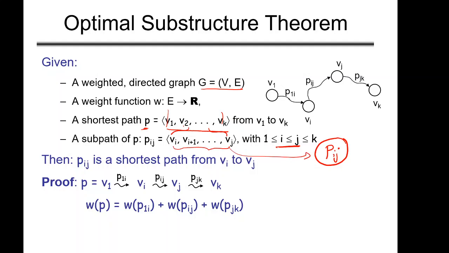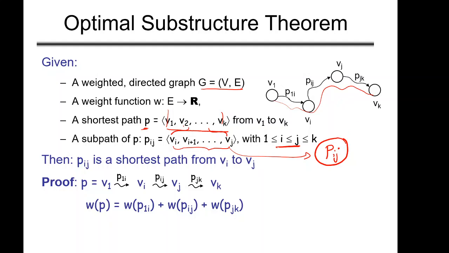What we are trying to say here is that this subpath of P from vertex Vi to Vj, which actually exists, is also a shortest path between Vi and Vj. This is what the optimal substructure property is. In the path you can take any two vertices, and whatever weight is on that path is also the shortest path between those two nodes.